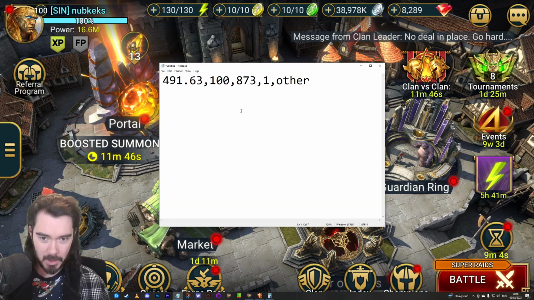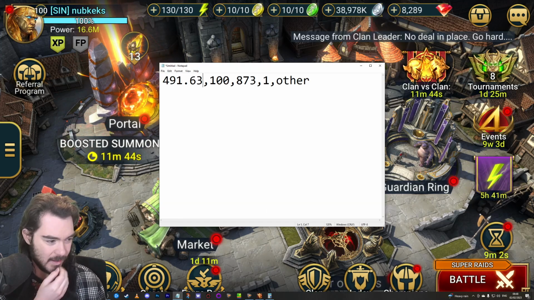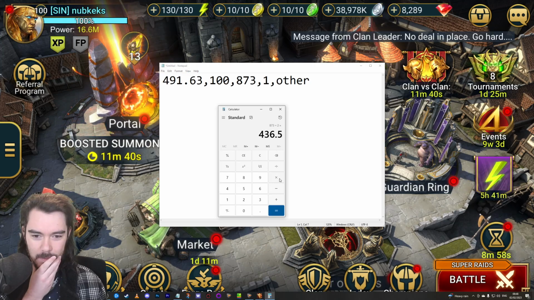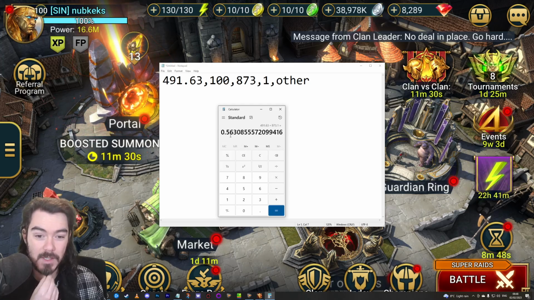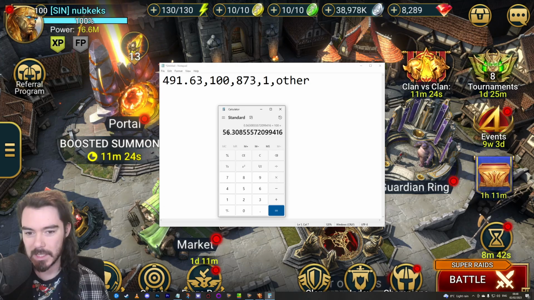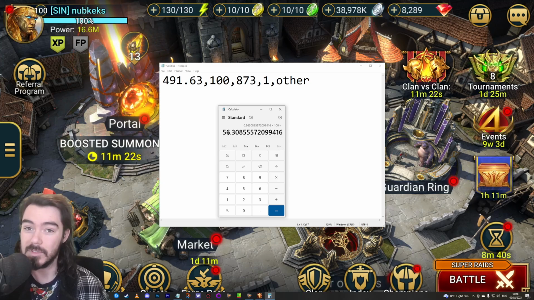Actually, let me see. How much have I actually spent per day? So it would be 491.63 divided by 873.1. I spent 56 cents per day. It's not a bad deal.